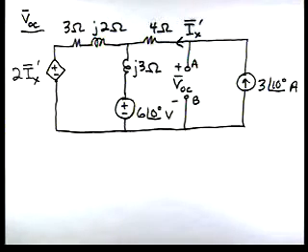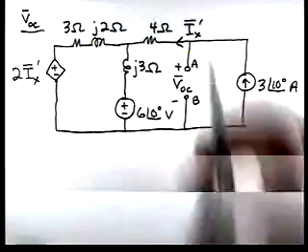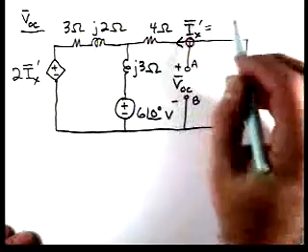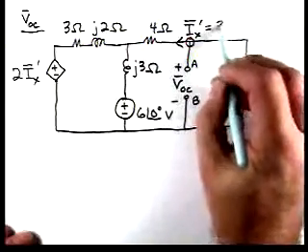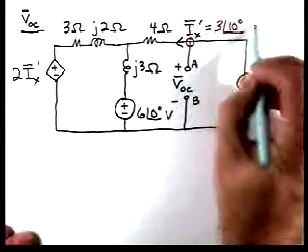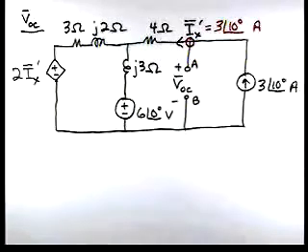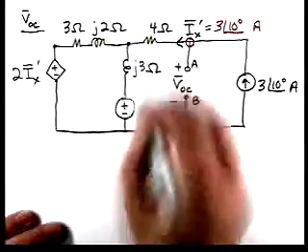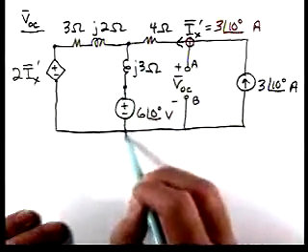So let's look at this circuit. For instance, if we apply KCL at this node, that tells us that Ix prime is equal to 3 at an angle of 10 degrees. And we can think about how we want to analyze this. If we do nodal analysis, we'll have a node here, here, here, and pick this one as a reference.